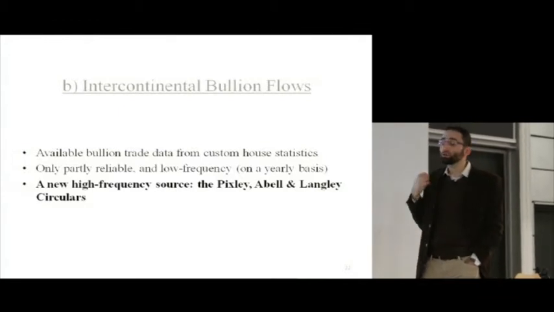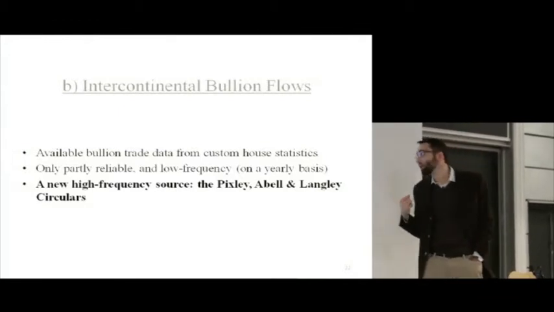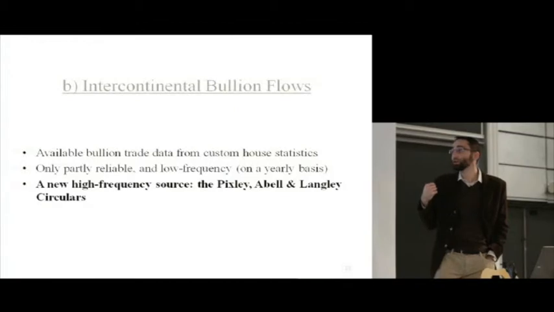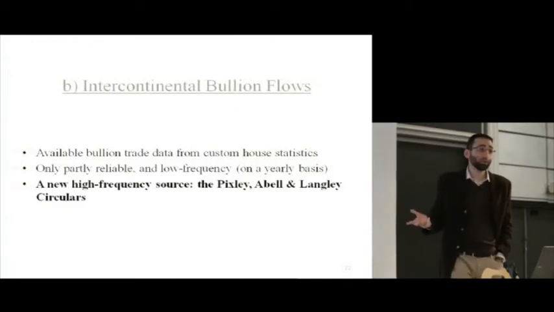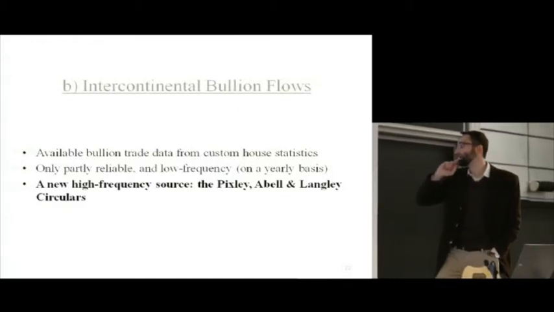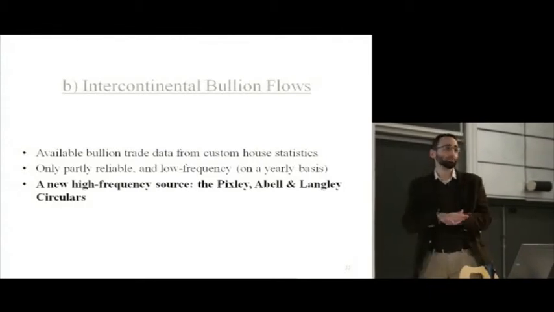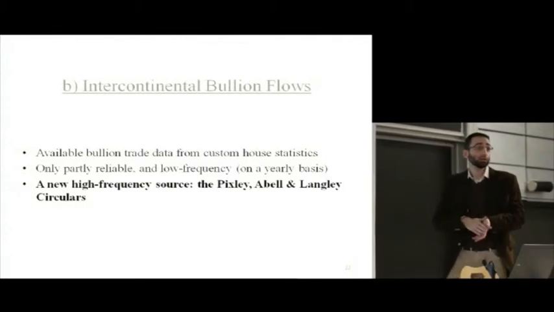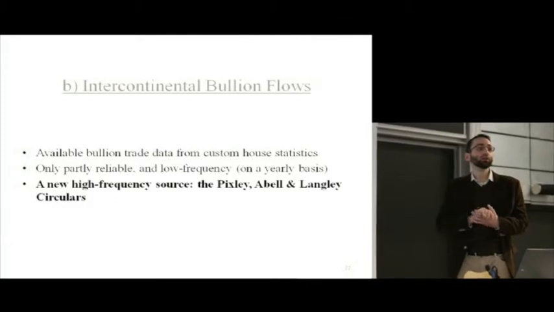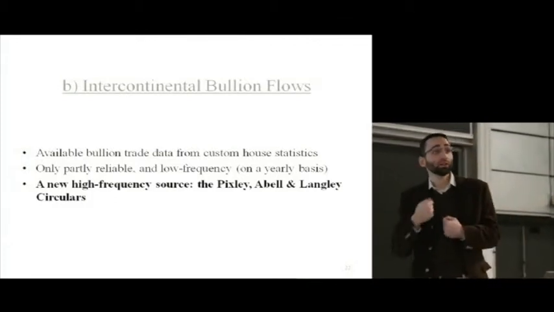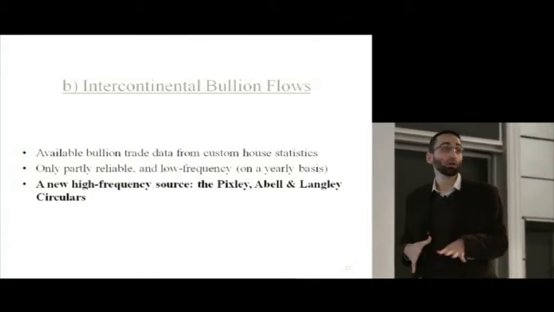The contribution I try to make here is to use a new high frequency source, the Pixley, Abell and Langley circular, which was published weekly in London, and which gives us data on arrivals and departures of bullion and specie on the London market.